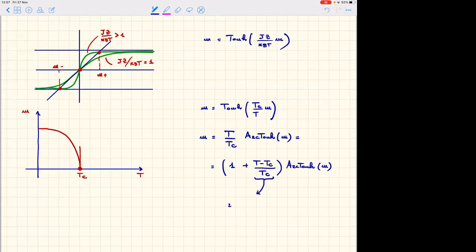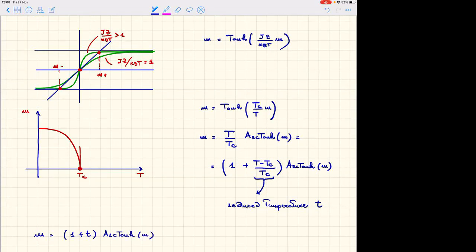It is called reduced temperature, and is indicated by the letter little t, typically. Now you see that the magnetization is therefore equal to 1 plus t times the arctanh of m.